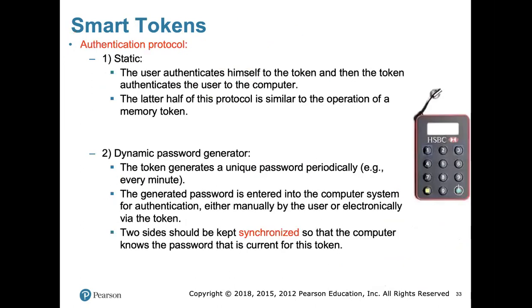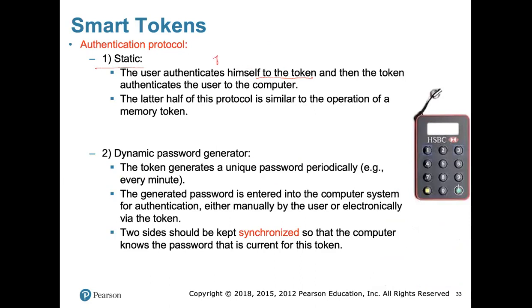Okay. Now let's talk about how the authentication may happen in smart tokens. When we talk about a smart token, authentication may happen through a static approach. In a static approach, this is what happens. The user authenticates himself to the token. So this is the first step.